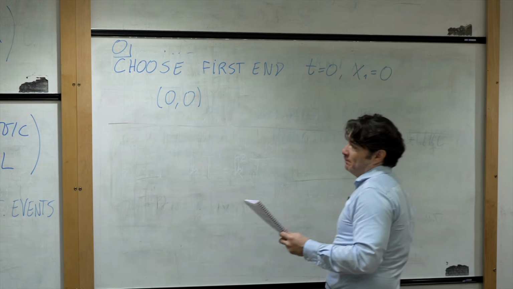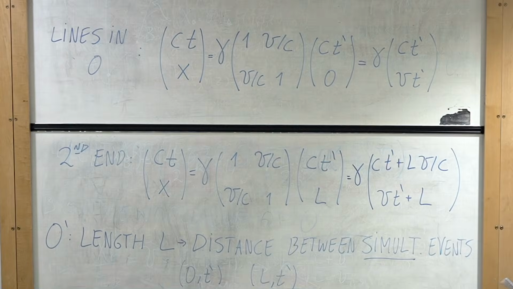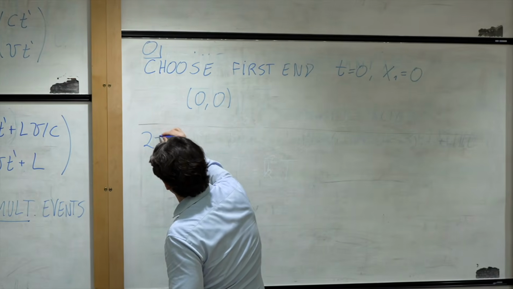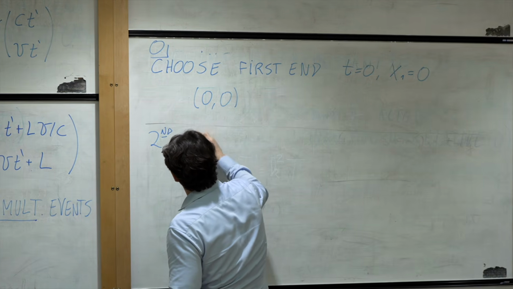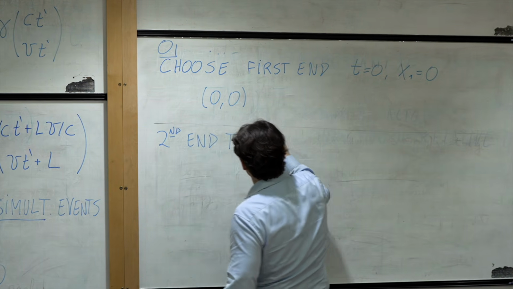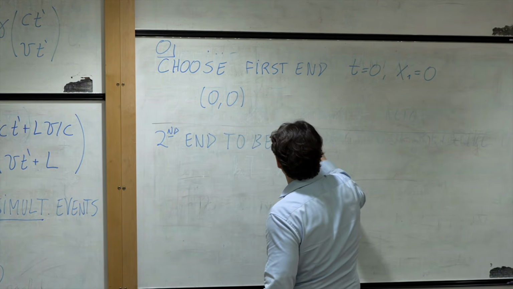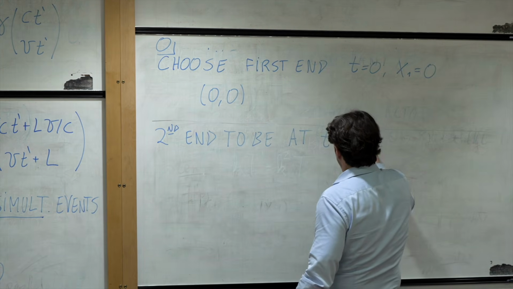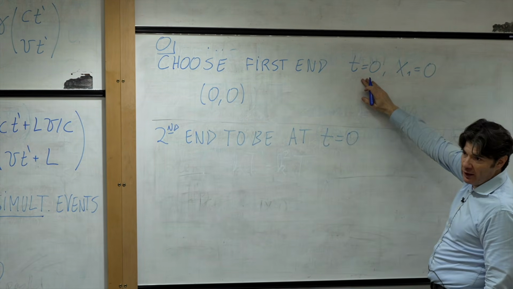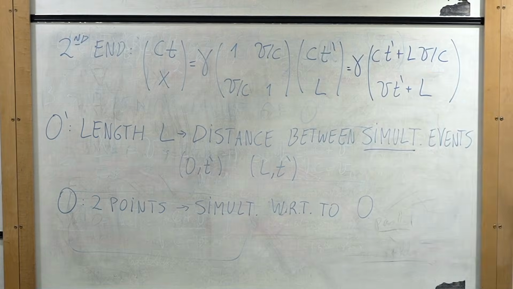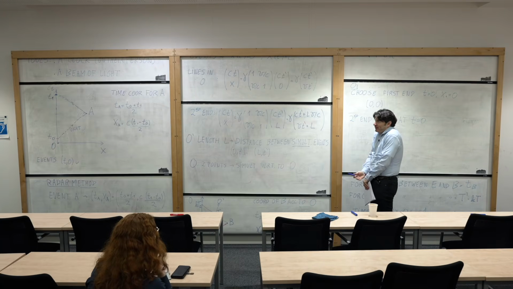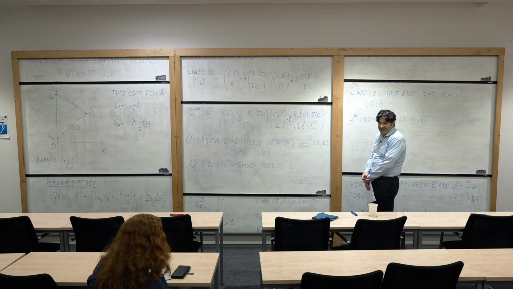But then you see from here that if you want the second end to be at t equals 0, because it has to be simultaneous with this one, then you need this combination to be 0, because this is what t is for the second end.